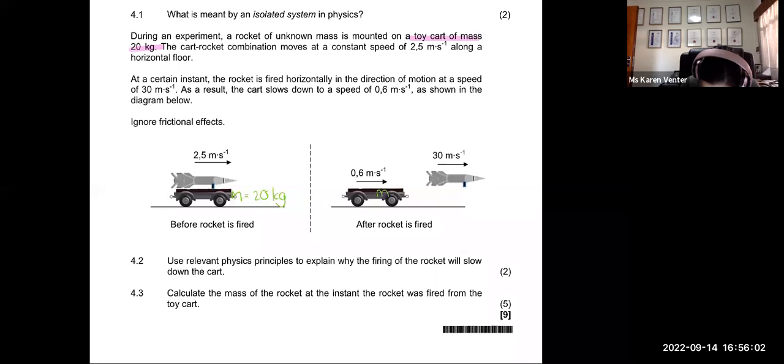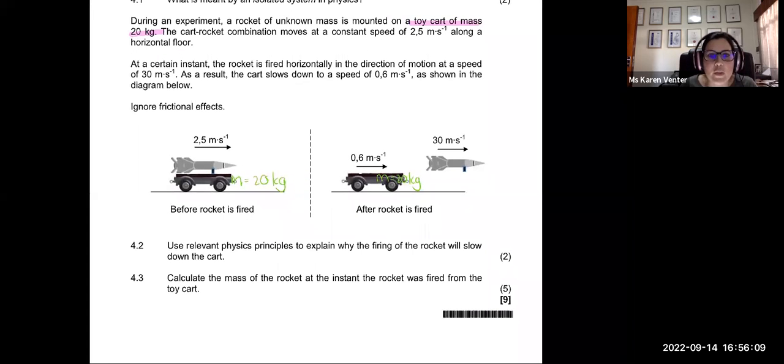Remember, the mass of the cart is still 20 kilograms. The first question there is, use relevant physics principles to explain why the firing of the rocket will slow down the cart. Why will the firing of the rocket slow down the cart?